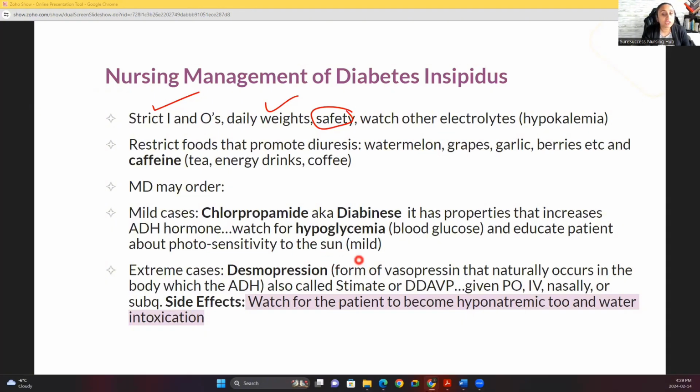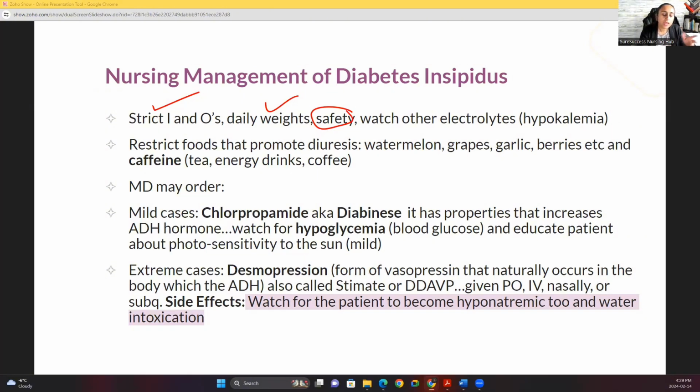And just imagine if you're giving the artificial ADH, what can happen? Always check that in case he takes a double or triple dose, maybe he is too sensitive, the patient can become SIADH, super increased ADH, and he can become hyponatremic, with water intoxication, soaked inside, all these signs and symptoms can happen.